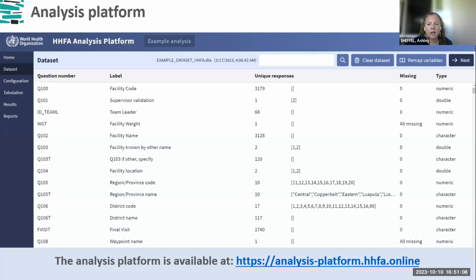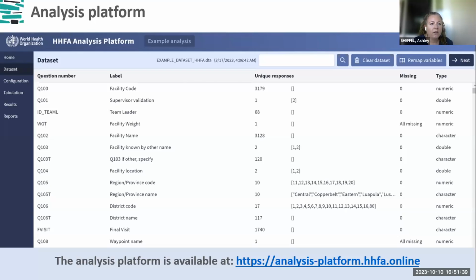And the structure of this analysis is consistent with the organization of the indicators and tables in the HHFA indicator inventory platform. And this data analysis can also be configured to country needs, to add additional indicators, to make customizations, etc. And the idea with the data analysis platform is that it's really designed to enable quick and easy analysis of an HHFA data set and really reduce that time that we spend waiting between data collection and having results to take a look at from our survey.